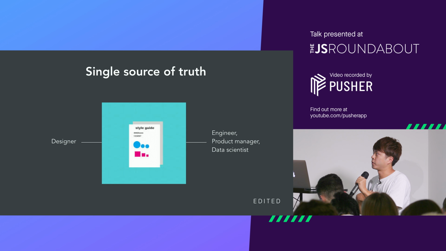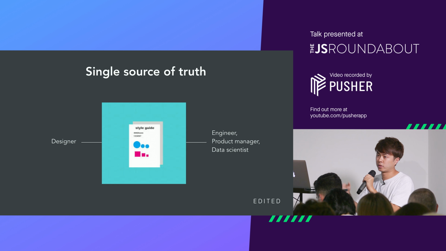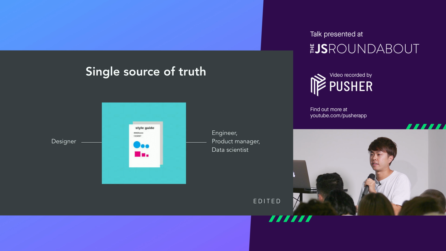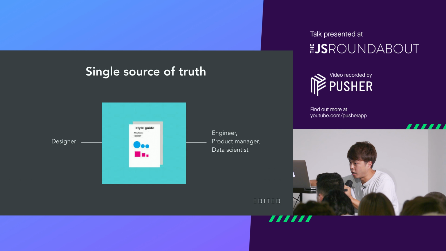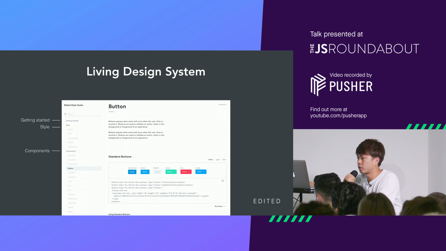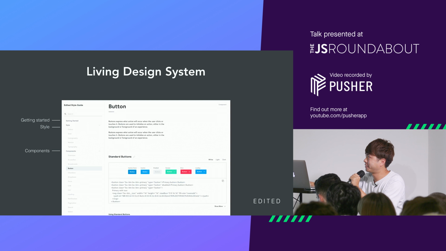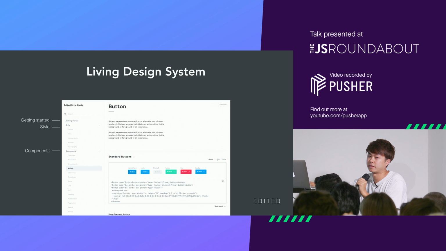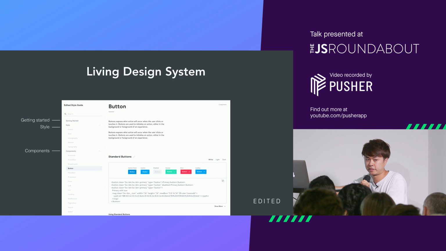So for us to build the online style guide, the most important thing is to make sure the developers are happy with it and they can use it. So this is the living design system that we have currently. As you can see on the left-hand side, there's getting started. It's a page to talk about how you start using the style guide as a designer and as a developer.